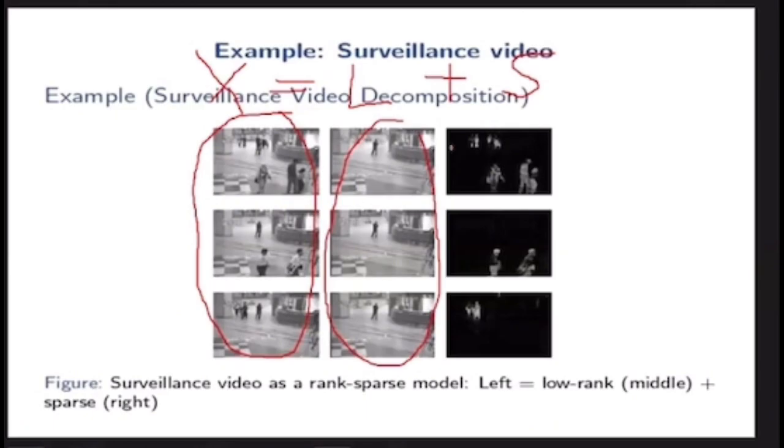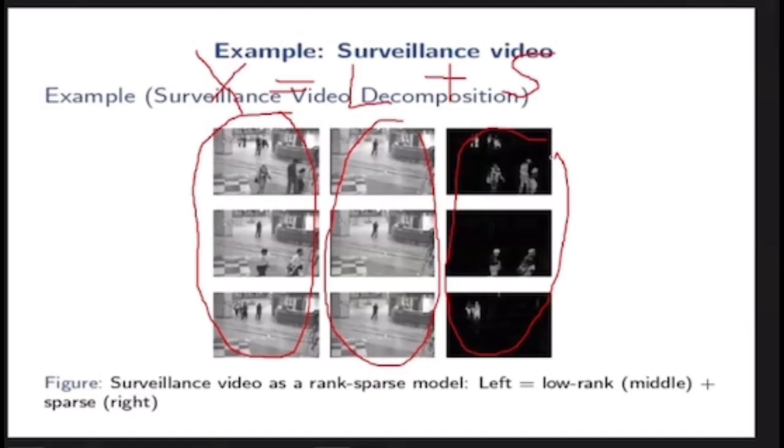But if you take a look at the sparse, the sparse will concentrate on dynamic movement. It's going to focus on people. It's going to focus on real events. It's going to focus on noise. It's going to focus on anomalies. Take a look at that. You see the low rank.